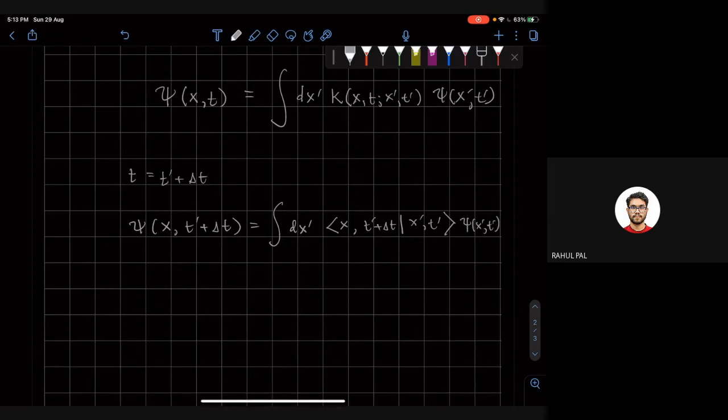I'm just writing the same equation again, but for a small interval of time.